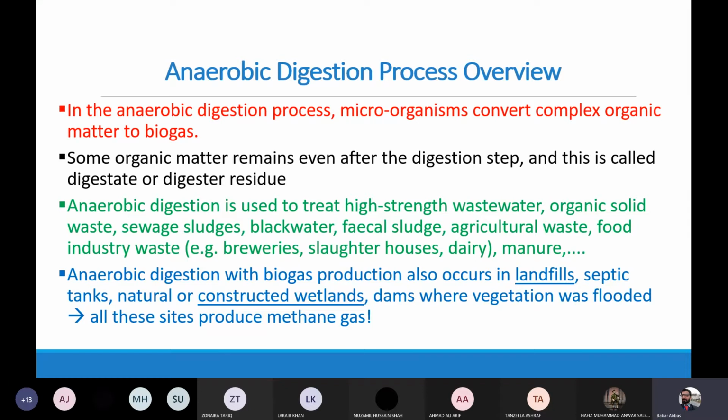It is not like you have consumed or decomposed the entire quantity of the solid waste.